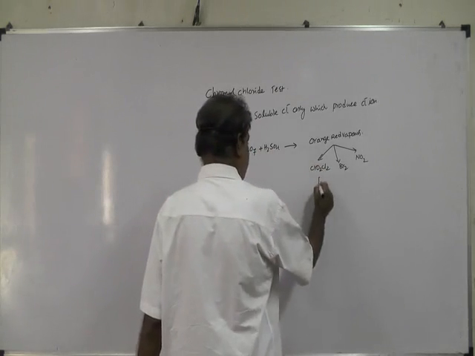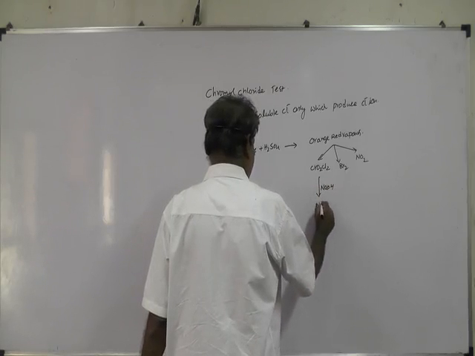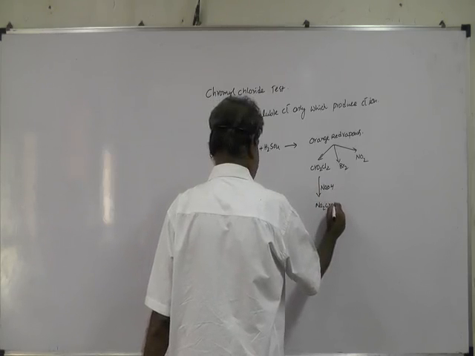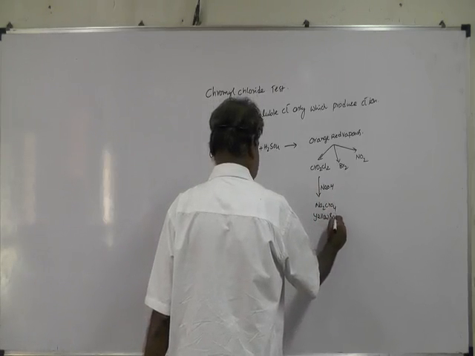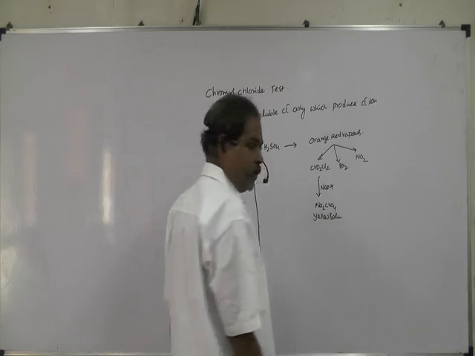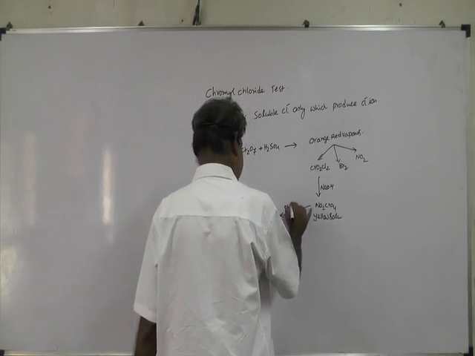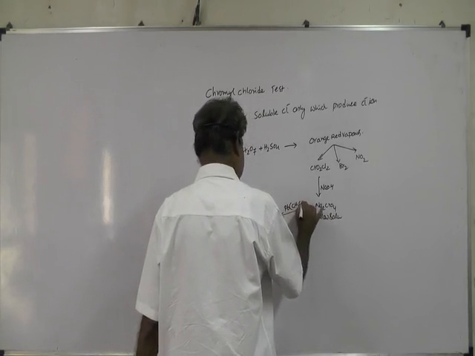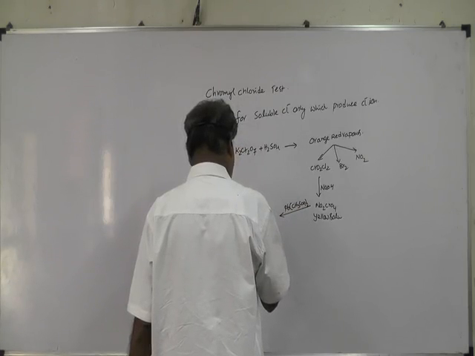Now, CrO2Cl2 with NaOH gives sodium chromate as usual. Yellow solution. All chromates are yellow. And with lead acetate, you get PbCrO4, yellow precipitate.